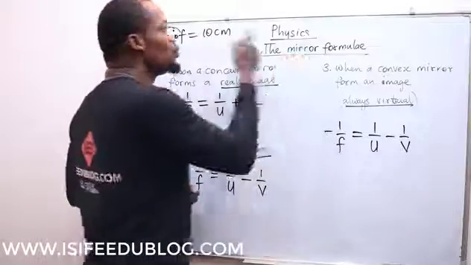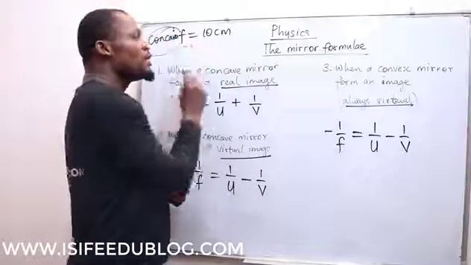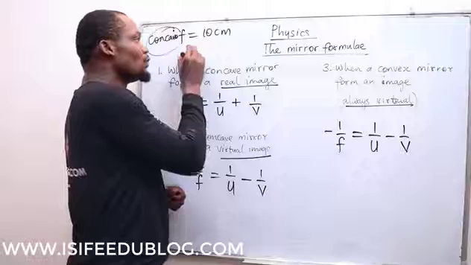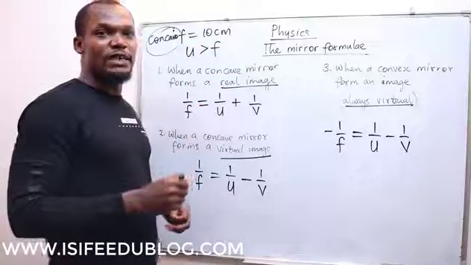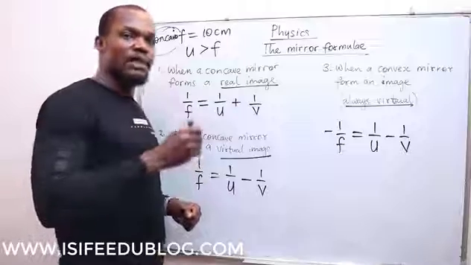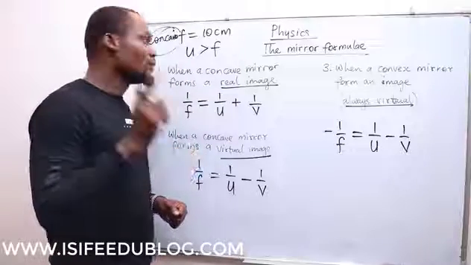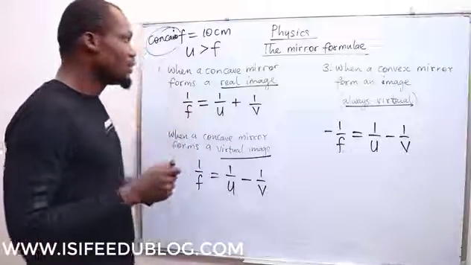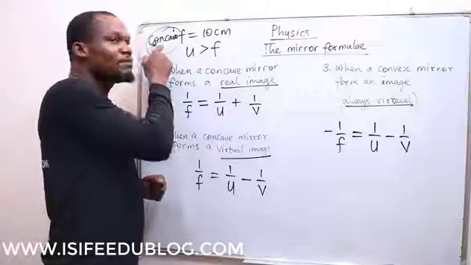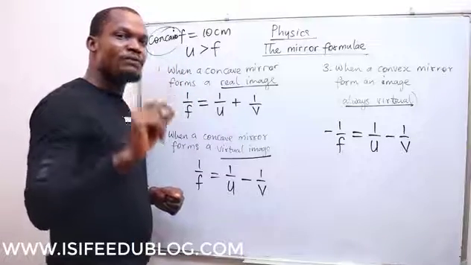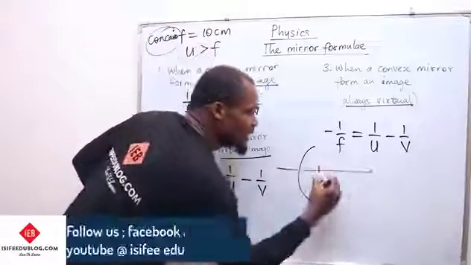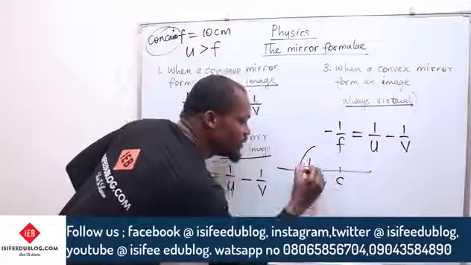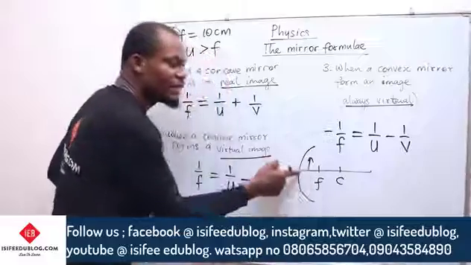So whenever U in a concave mirror is greater than F in the question, the image formed must be real. Take note of that. Now, for a concave mirror, the only time it forms a virtual image is when the object is between the focal point and the pole.